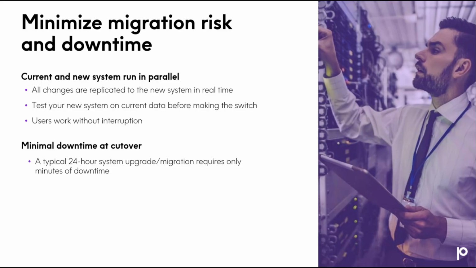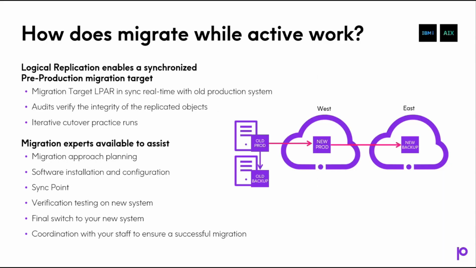So you can set up a migration target system and test it all out. Even better would be to set that LPAR up ahead of time, before you even turn on replication, and burn it in and make sure that you're happy with the way it runs, and then turn on replication. Then you position yourself for minimum downtime at cutover. So let's break this one down a little bit more.